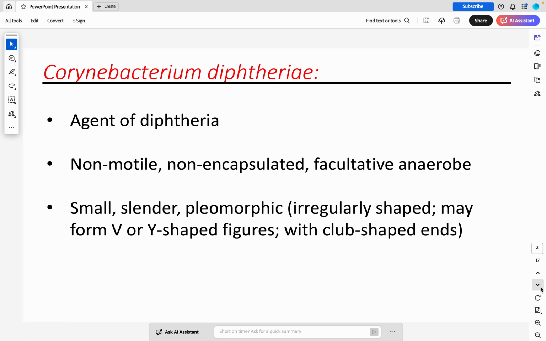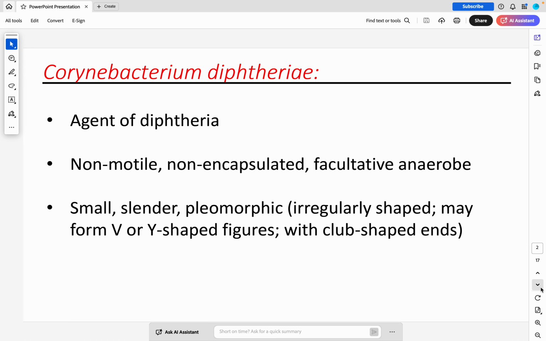But in at-risk populations, especially the non-immunized ones, the disease may still cause significant clinical manifestations.